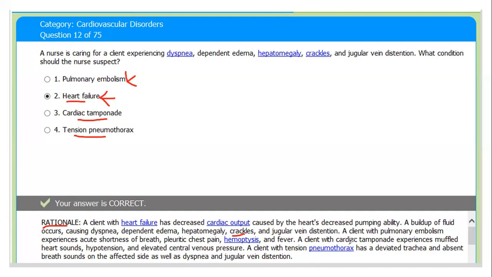A client with cardiac tamponade experiences muffled heart sounds, hypotension, elevated central venous pressure. A client with tension pneumothorax has a deviation of the trachea and absence of breath sounds on the affected side, as well as dyspnea and jugular vein distension.